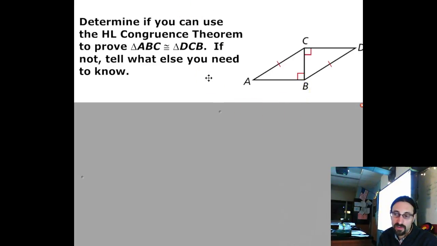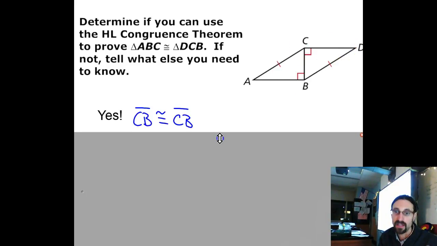Well, by this point, take a look at the problem and you think, well, wait a minute. All these problems have had a recurring theme, and this is really the point to drive home: when you have a shared segment between two different figures, you need to establish that that segment is congruent, and that is our first step.